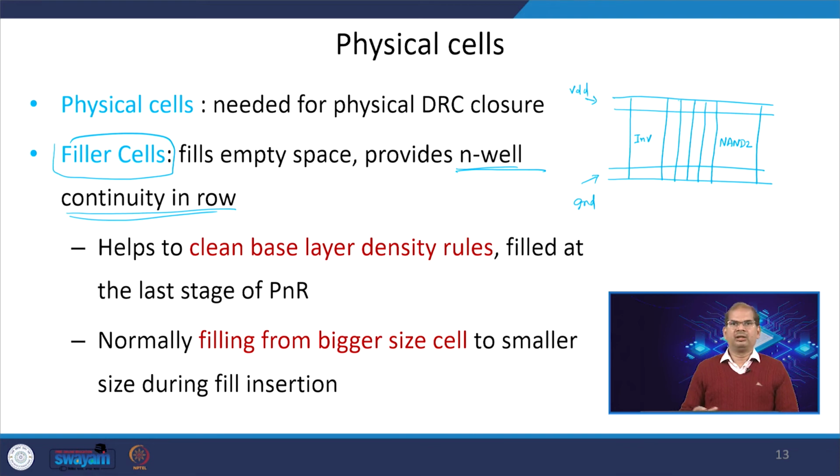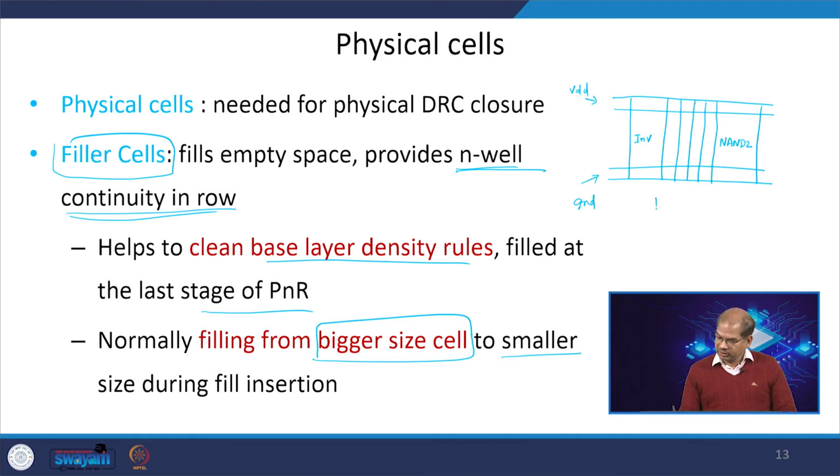It will also help to clean the metal density rules needed at the later stage of the place and route phase. There is a strategy that whenever you are filling the cells, we should always use the bigger cells first, then smaller cells. The filler cell also comes in different flavors.